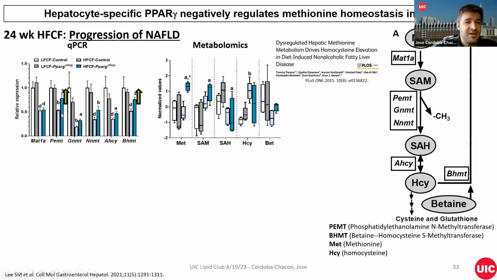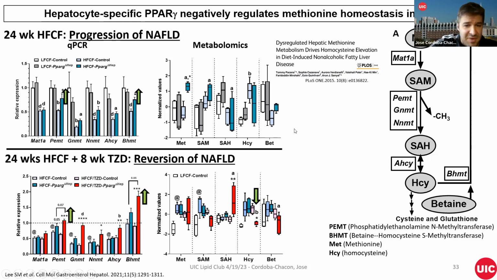And the PPAR gamma knockout mice have an increased expression of PEMT. This is an enzyme that methylates phosphatidylethanolamine to produce phosphatidylcholine. So this is good to maintain the level of phospholipids. And we also had an increased expression of BHMT, which is betaine-homocysteine methyltransferase.